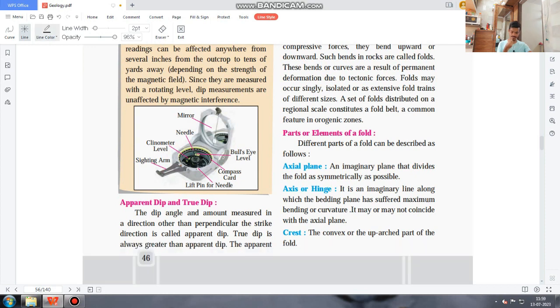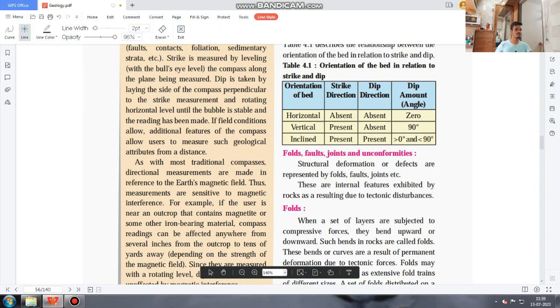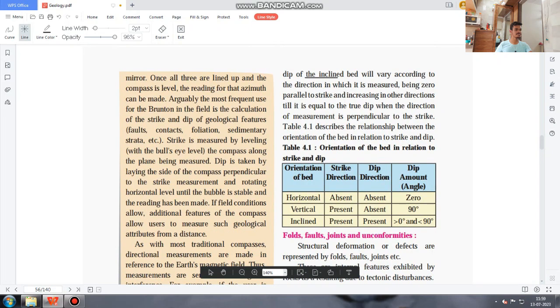Next we move on to what is apparent dip. In this chapter there are a lot of definitions and small points to remember, small things. That is why I told you it is an important chapter. What is apparent dip? True dip is always greater than apparent dip.